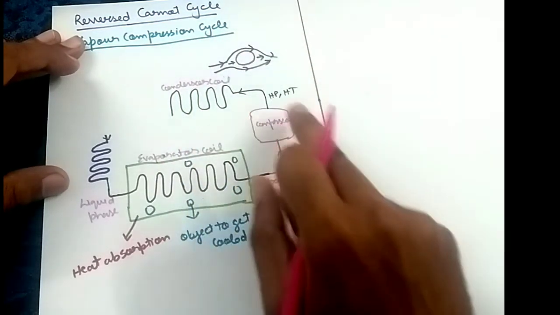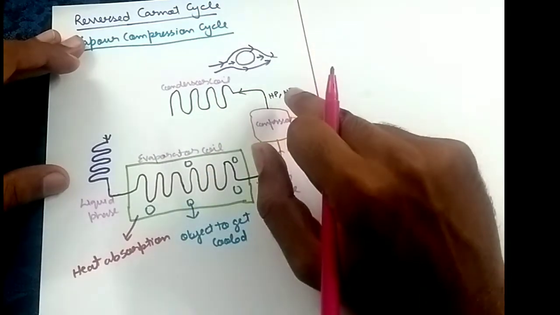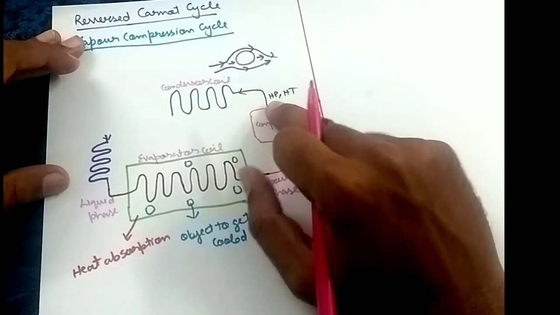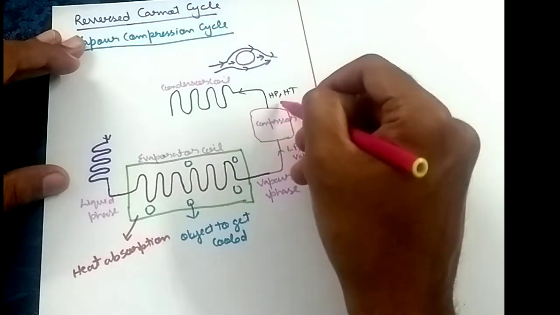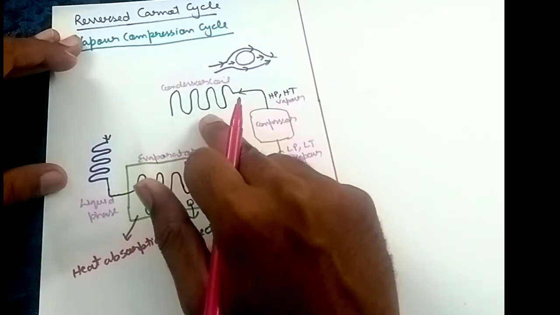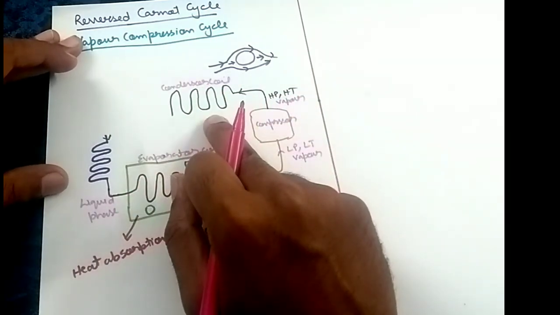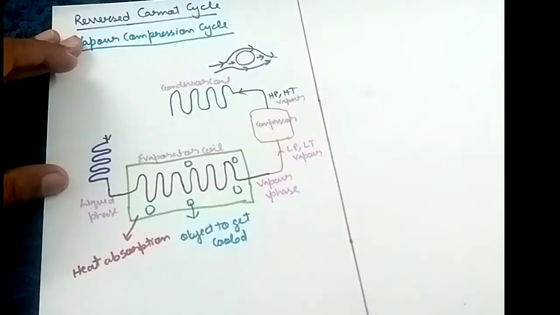So what happens here? The heat gets rejected now. Here it is high pressure and high temperature vapor. Remember, this is also in vapor form. After getting passed to the condenser coil, this phase changes.